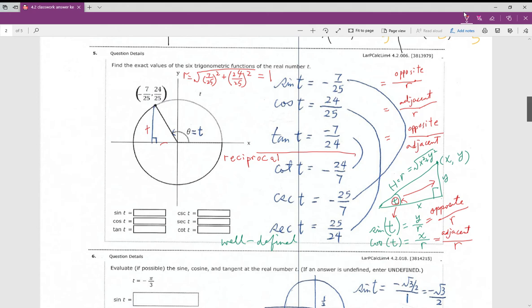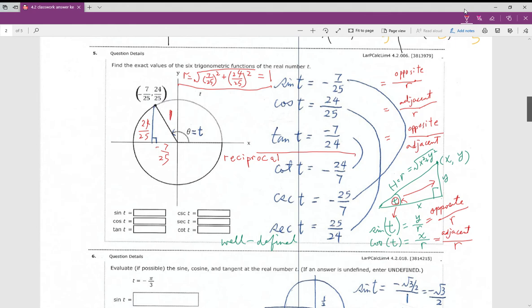So the x value is negative 7/25 and the y value is positive 24/25. And I did calculate that the radius is 1.